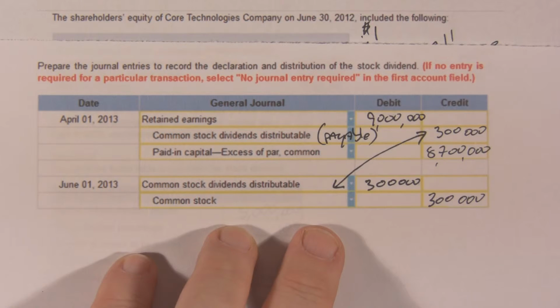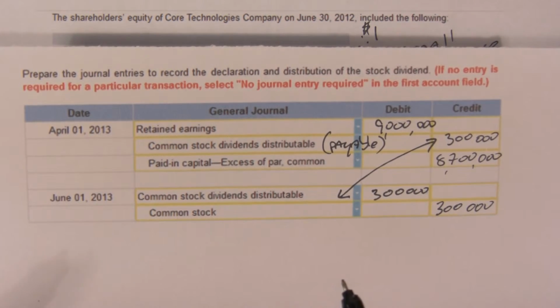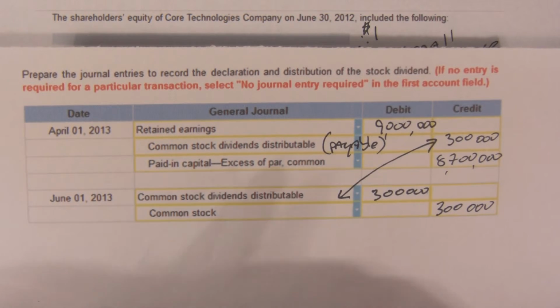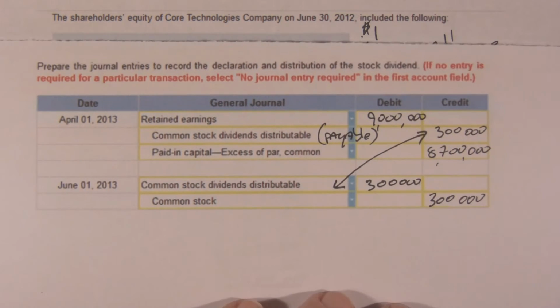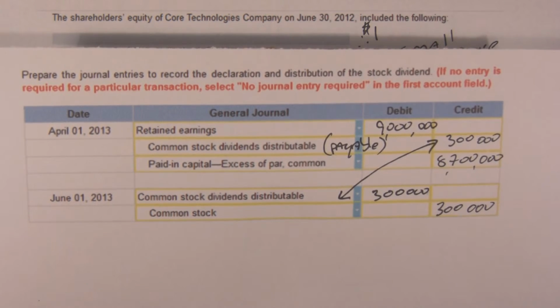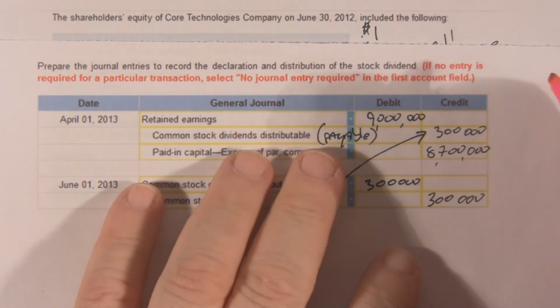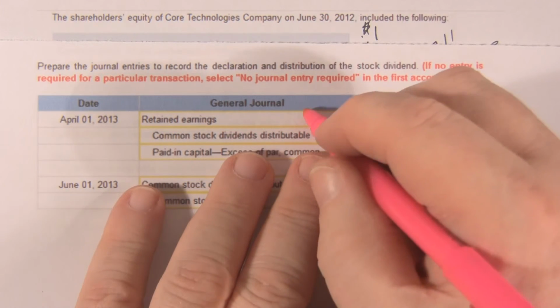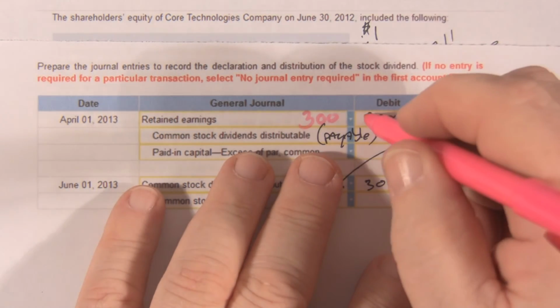So, takeaways. Small stock dividend is done at market price. Now, if this was a large stock dividend, just for the hell of it, I'm just going to do it in red. They can pretend this was a large stock dividend. What would happen is retained earnings would be hit for the 300,000.